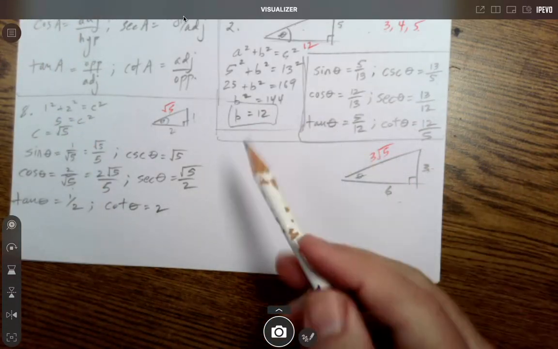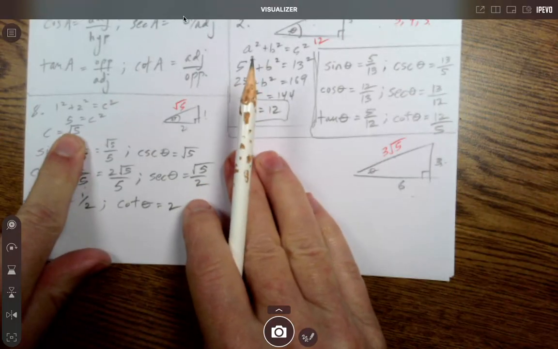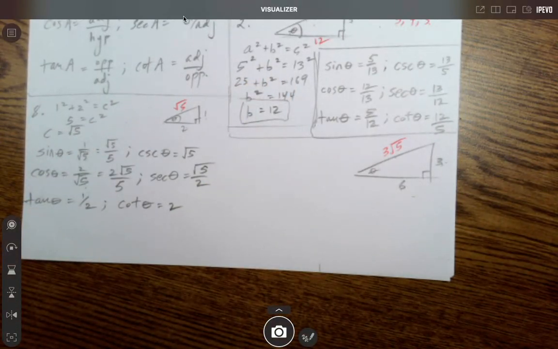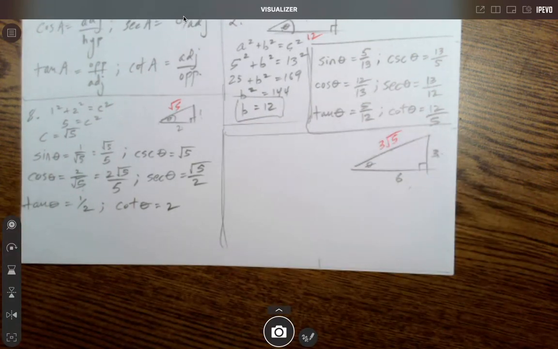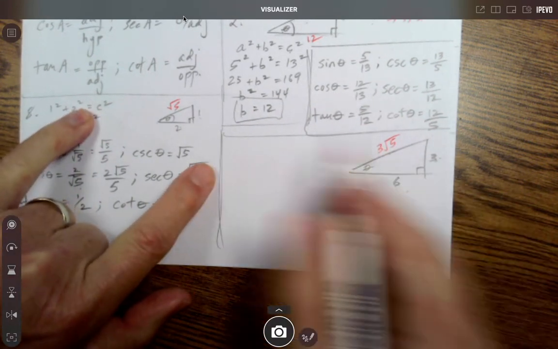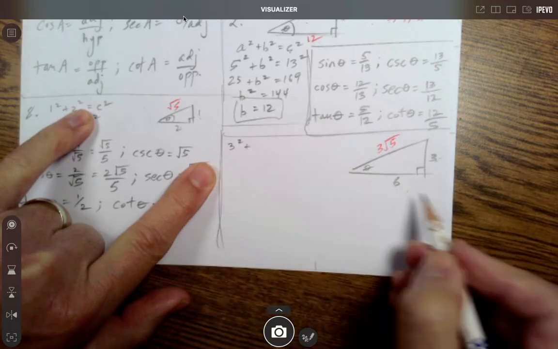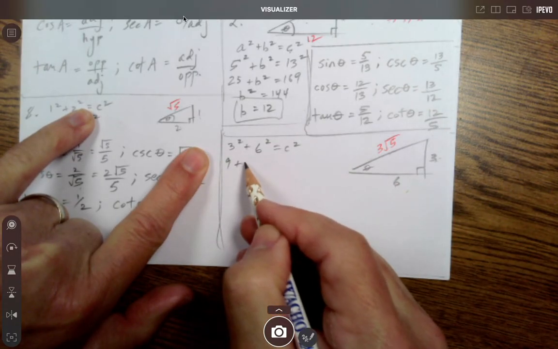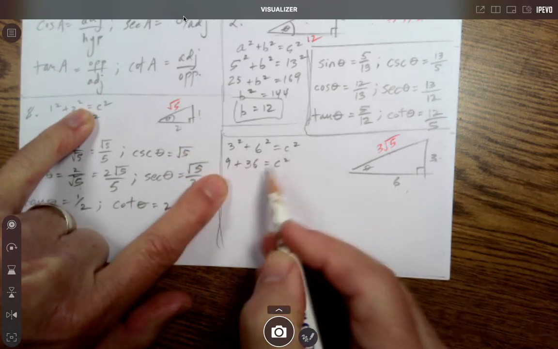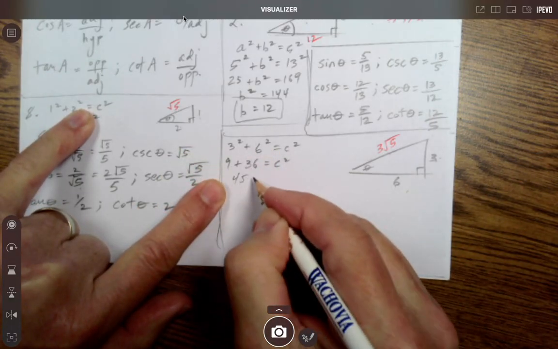Now I know I'm skipping work here because I'm not doing the Pythagorean theorem, but let me just do the Pythagorean theorem because I don't want to have a question and maybe you need to see it, so let's do it. So this will be 3 squared plus 6 squared is c squared. So that's 9 plus 36 is c squared. That's 45.